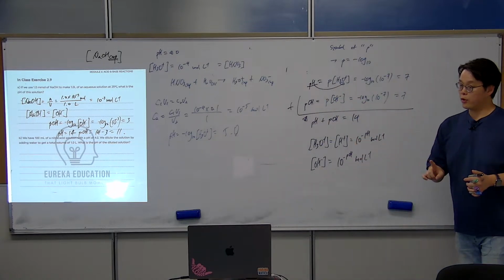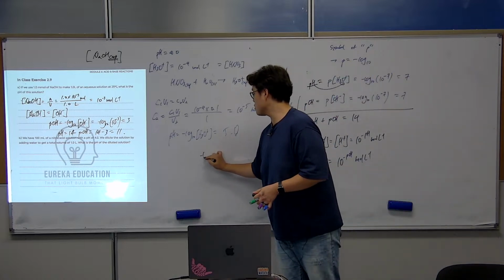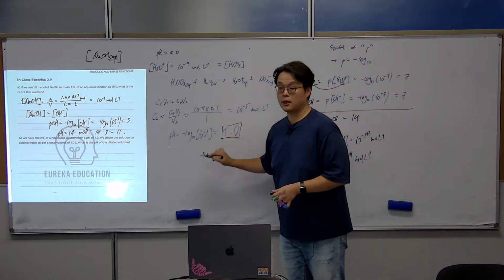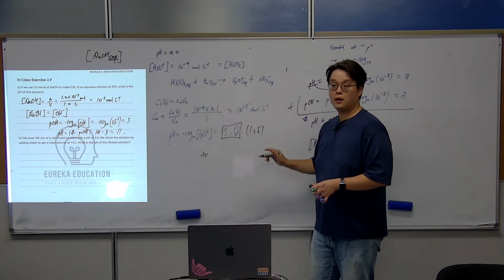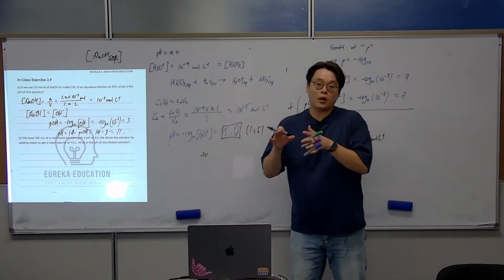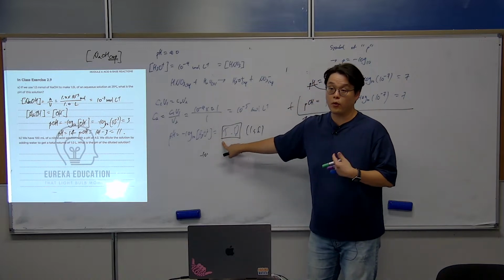For the log value, if we have the pH as minus log, say this, this is not 2 sig figs, it's 1 sig fig. Please remember that. For logarithms, we do not count the numbers at the front, before the decimal point.